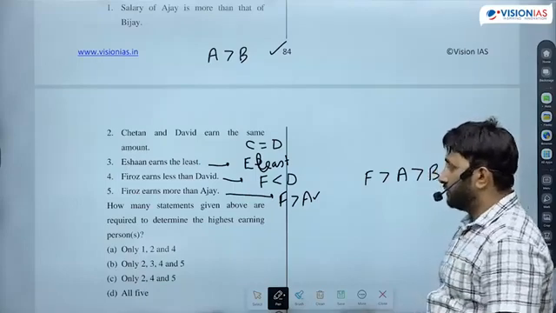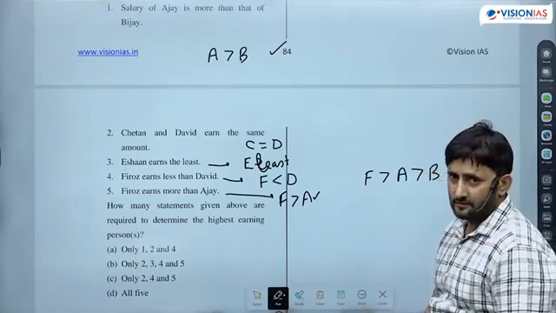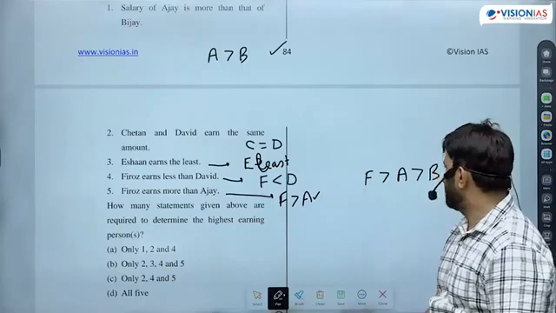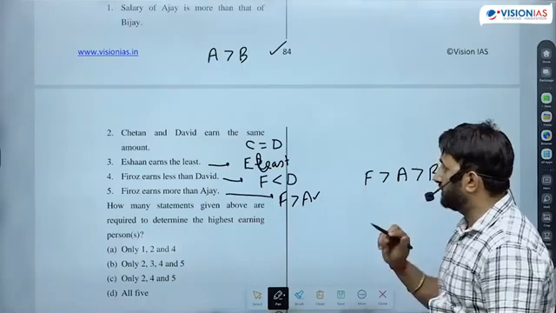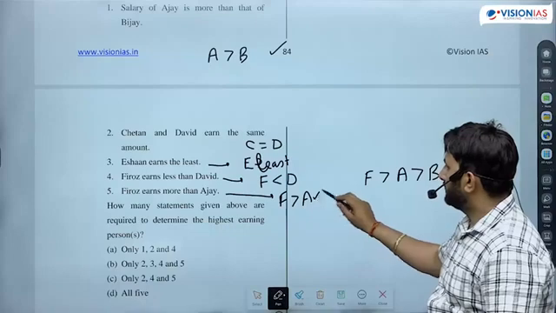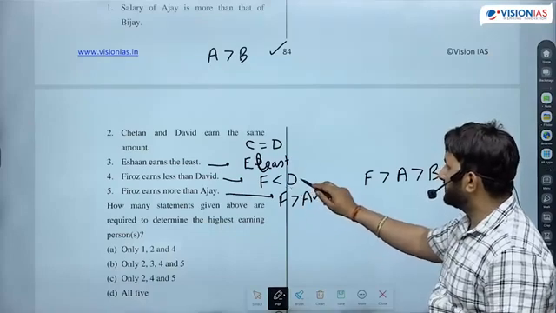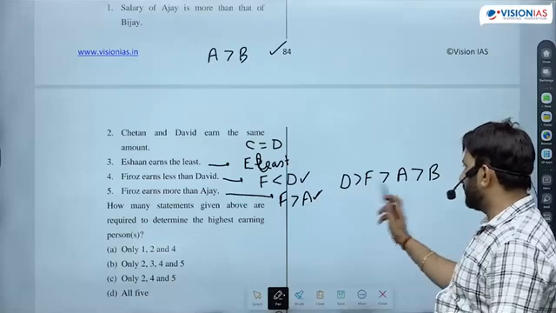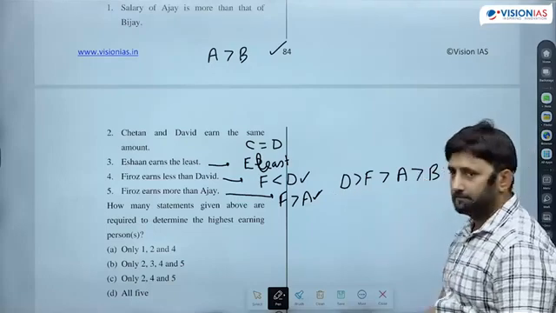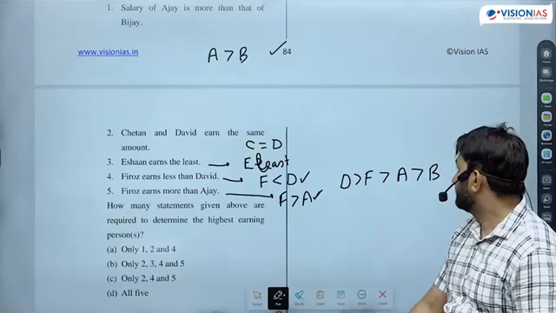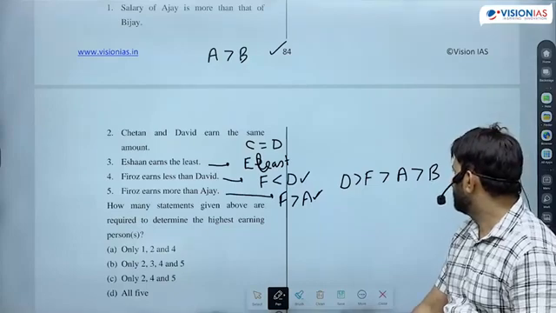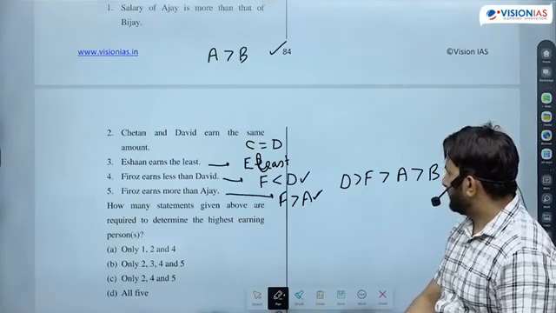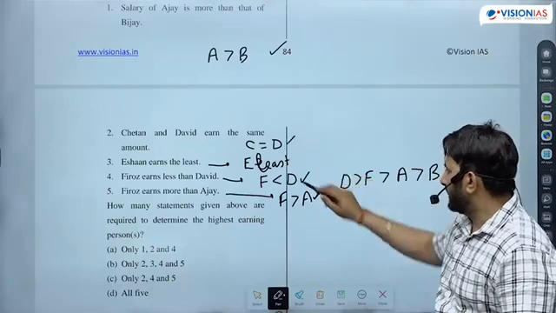We have to find who earned the highest. Highest बताना है. So by using these also we cannot find. So now let us use the fourth information. F earns less than D. So D will get more than this. So we got the order of these four people. Next, C and D get the equal amount.